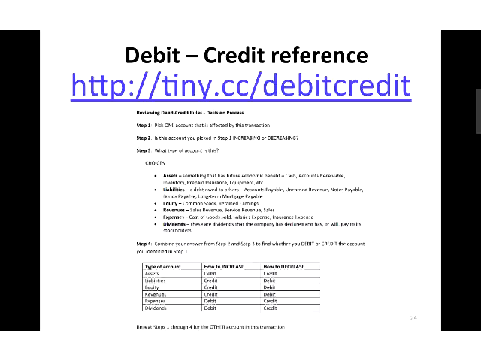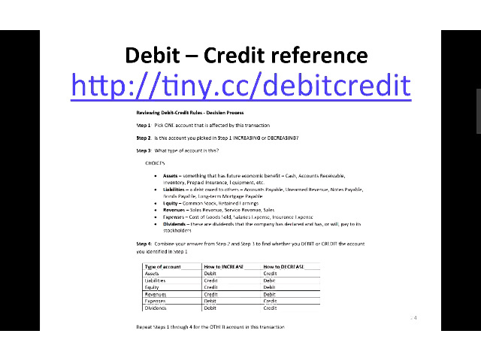It's at tiny.cc/debit-credit. And this is just a one-page PDF document, and it lists the steps that you could go through to figure out a journal entry, which we're going to do a lot today. So step one, you pick one account that's affected by this transaction, and then for the account that you picked, is it increasing or decreasing, what type, and then combine your answers to pick in step 4.